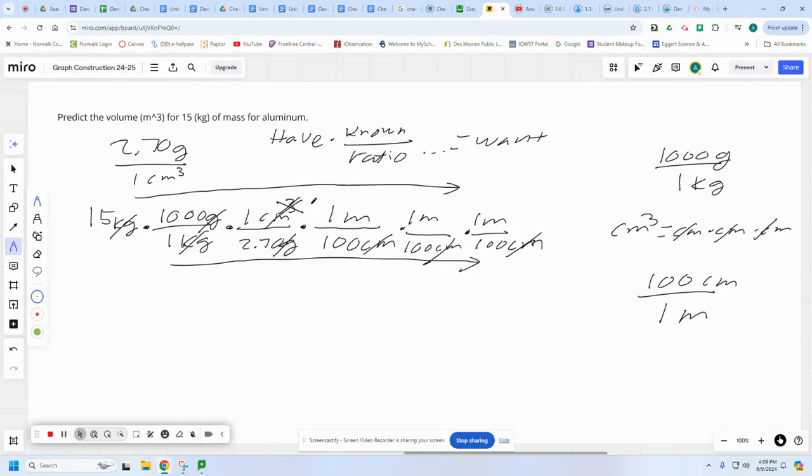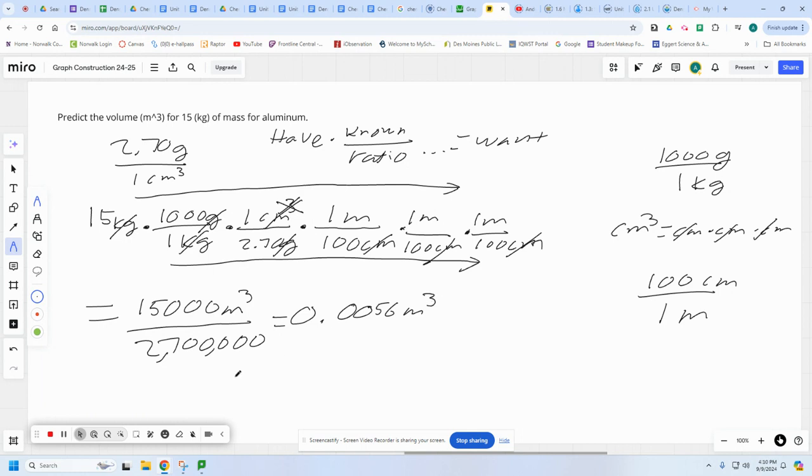And if you multiply across the top and you multiply across the bottom, you end up with 15,000 meters cubed divided by 2,700,000, and simplify that one more step. You should get 0.0056 meters cubed.